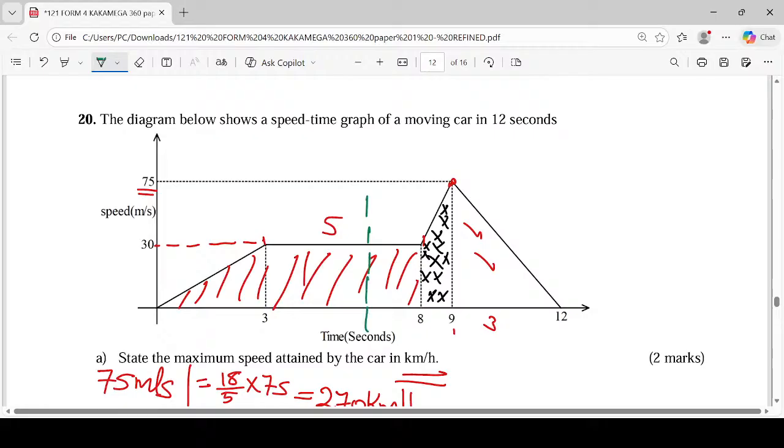Because I don't know that value, I can say let from here to here be k, for example. Then because already this is 3, from here to here it will be k minus 3, and the height remains.